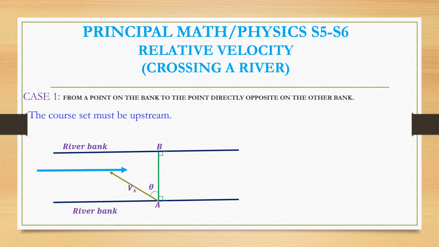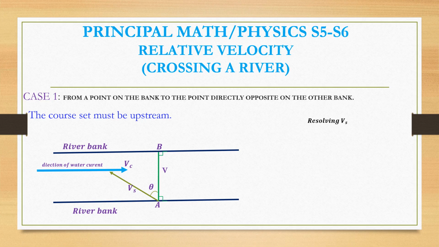So as we are looking at that, we see that the water is flowing downstream with a velocity Vc. So throughout the process, for us to maneuver this very well, we need to get the resultant velocity with which the person sailing should move from point A to point B that's directly opposite to him on the other bank. So that V will be the resultant velocity or the relative velocity with which this young man has to sail.